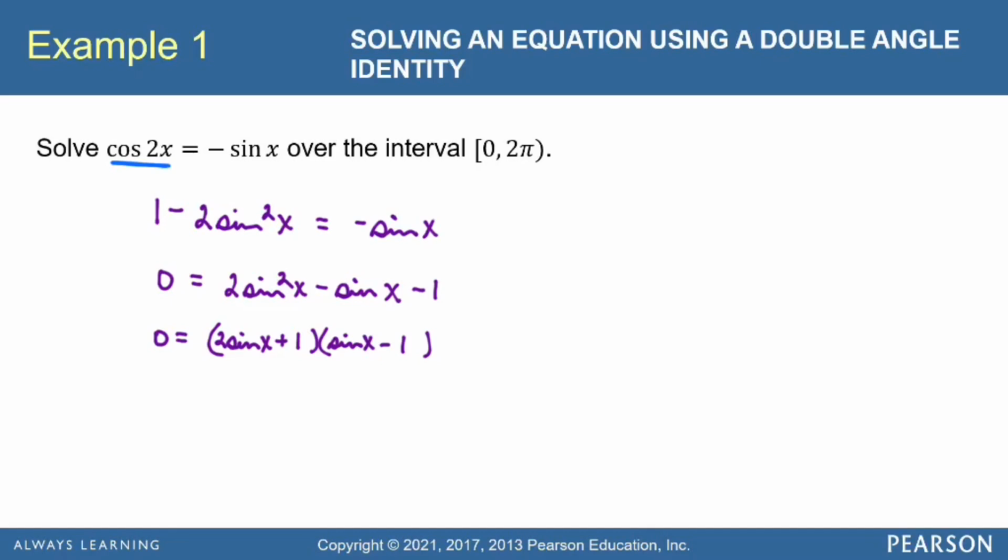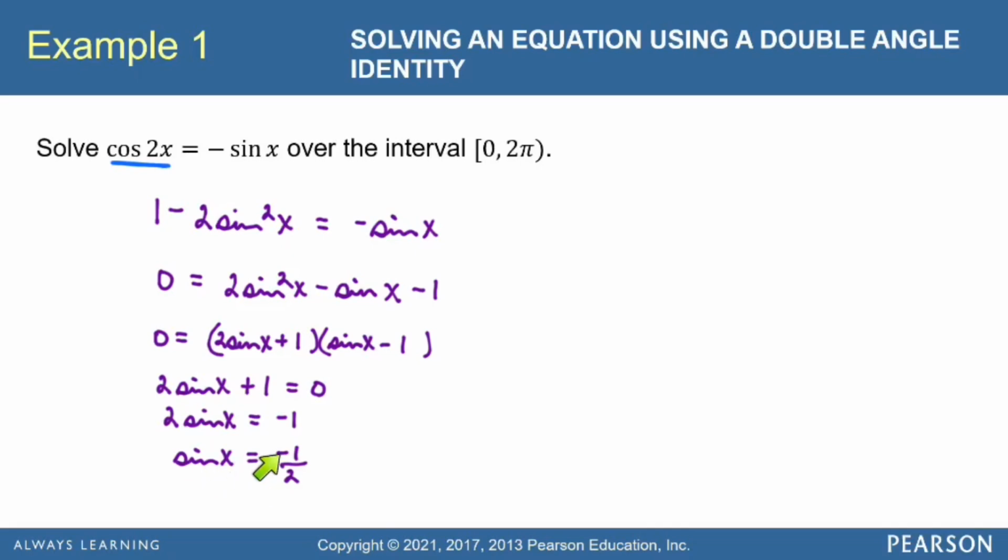Now, since one factor times the other equals 0, one of these factors must equal 0. So we need to find out what values make 2 sine x plus 1 equals 0. And in a minute, we'll also need to find out what x values make this other factor equal 0. First, let's concentrate on 2 sine x plus 1 equals 0. So if we move the 1 to the right side of the equal mark and then divide both sides by 2, we'll see sine of x equals negative 1/2.